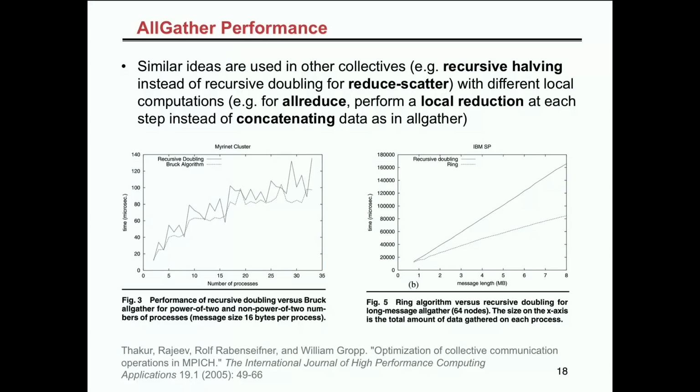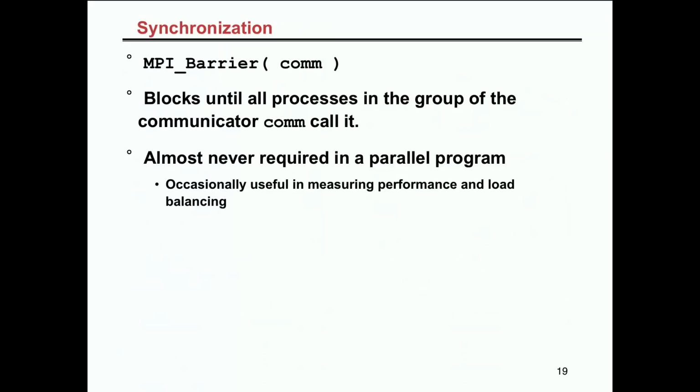Or the all-reduce algorithms, instead of concatenating data, as in the all-gather case, will actually internally reduce the data before they move to the next stage, because that's the definition of all-reduce. So there's not much difference in the other algorithms, but you can read this paper. It's fascinating for other algorithms.